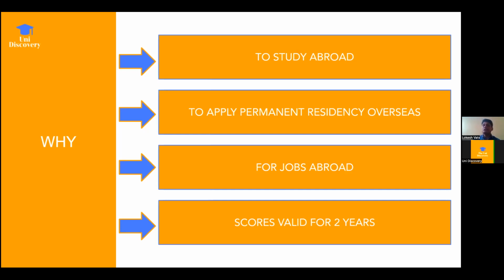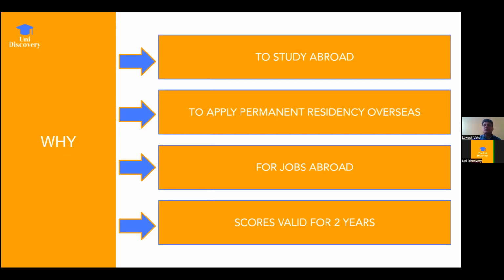This is mainly for those who are looking to study abroad. It can be students after 10th standard or fresh out of school, then college students, and obviously people in the age bracket of 20 plus, 25 plus, even 30 plus.